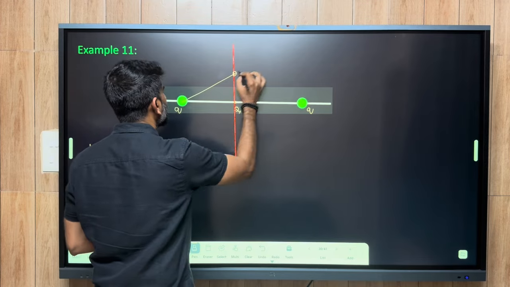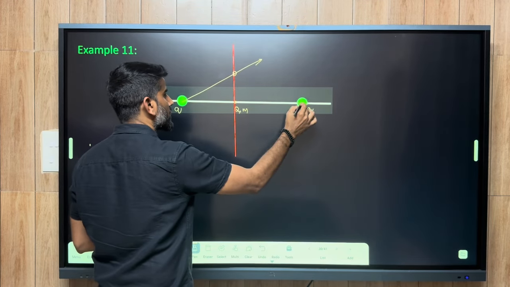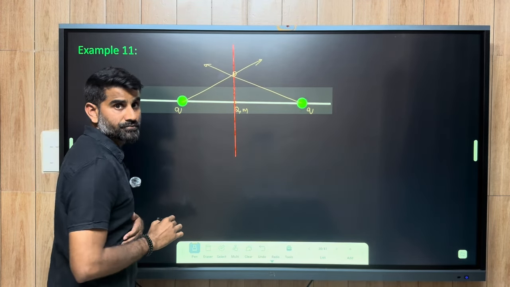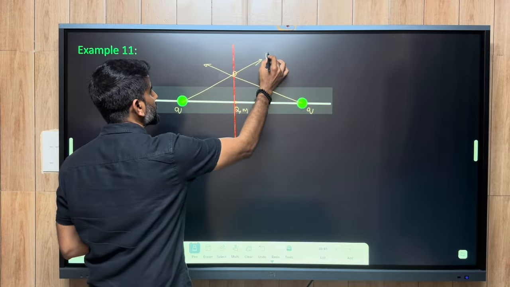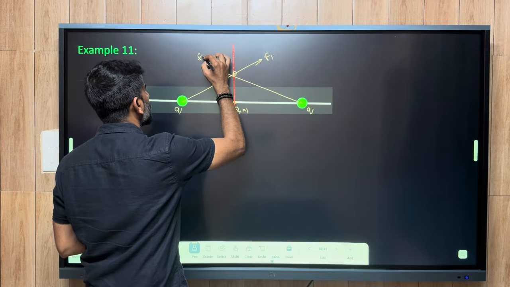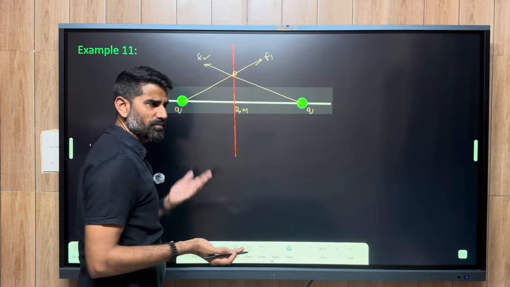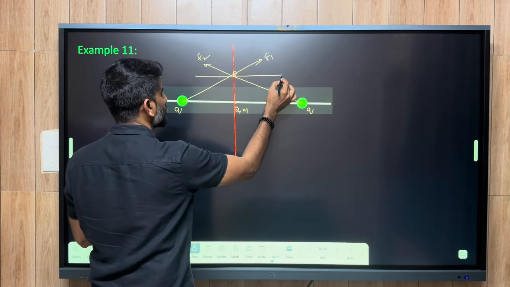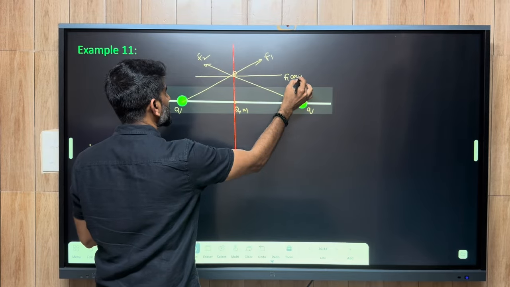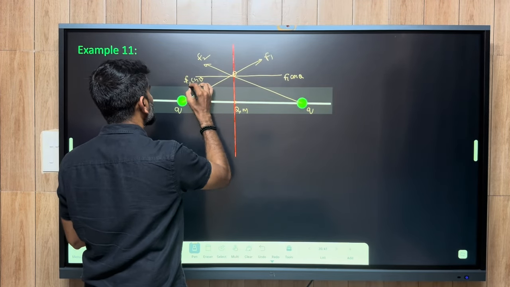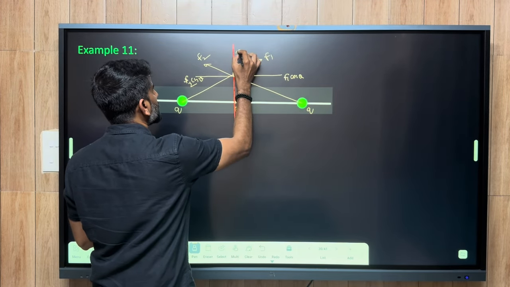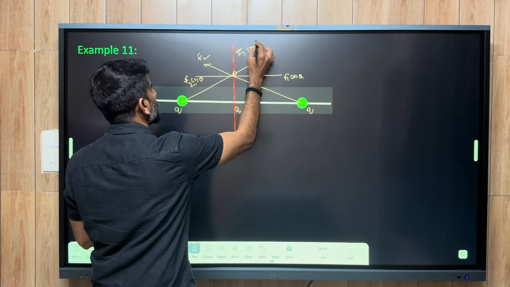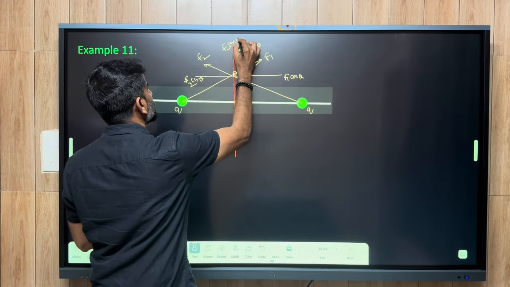This particle repels, this particle also repels. So let's say this is F1, this is F2. Both the forces are same because the distances are same and charges are same. So if I resolve these two components, F1 cos theta, F2 cos theta, F1 sin theta and F2 sin theta.